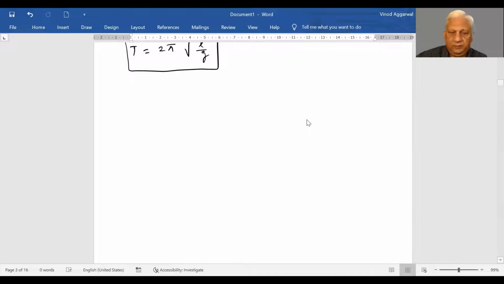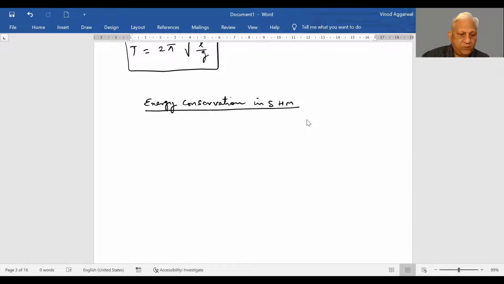Now let's calculate the total energy in a simple harmonic motion. Now we know a particle is being acted on by a force, which can be expressed by minus kx. If we perform small work, this will be F dx.